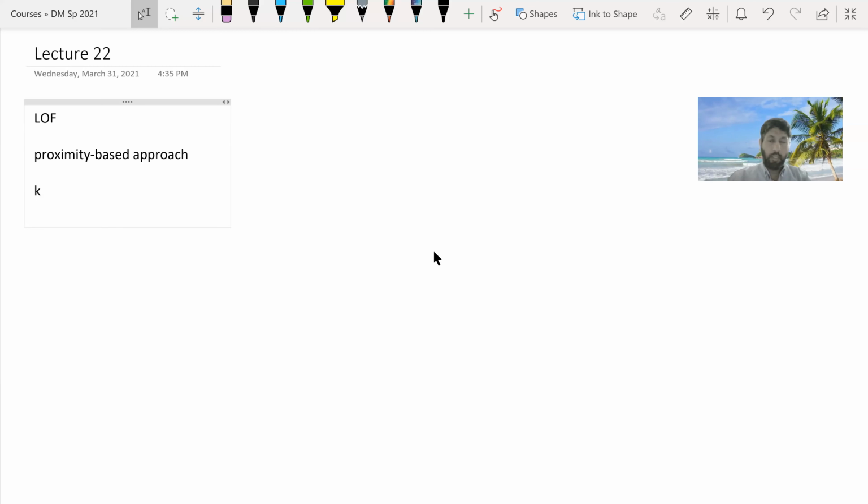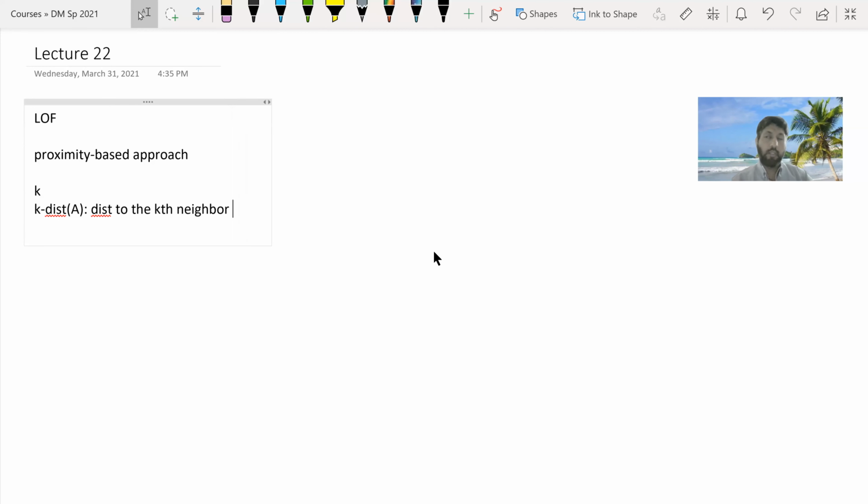So we need K as an input, which is the number of neighbors in the neighborhood. Based on K, we find the K distance of any object in consideration, let's say object A. This is the distance to the kth neighbor.